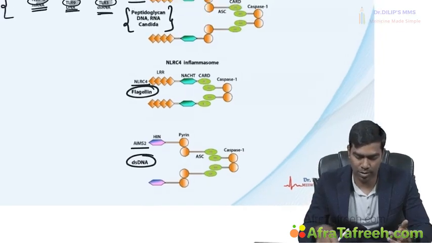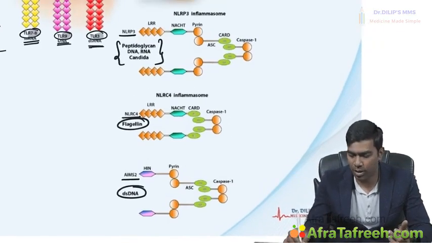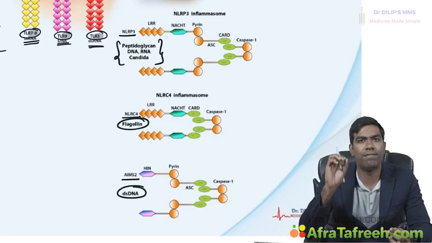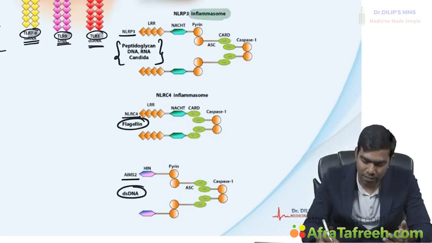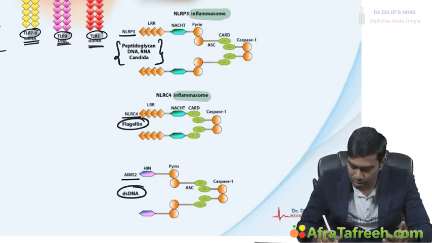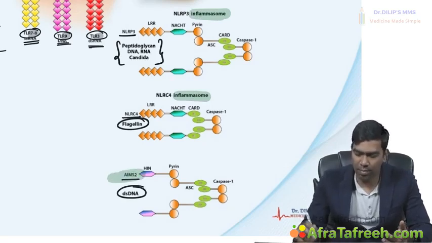Leave all those things aside. But very importantly, these NLRs form a very important pathway inside the cell called the inflammasome pathway. So they form the NLRP3 inflammasome, NLRC4 inflammasome, and AIM2 inflammasome.